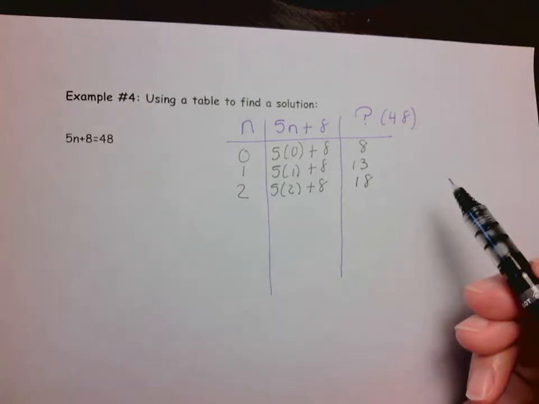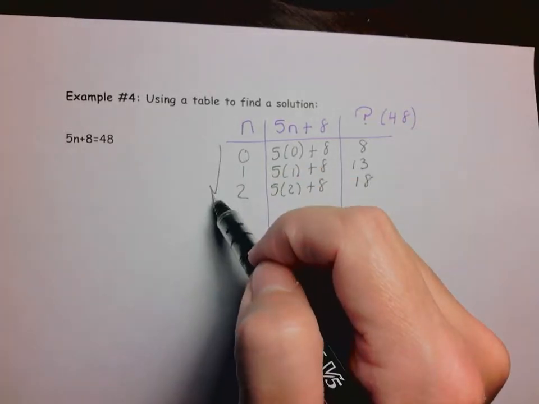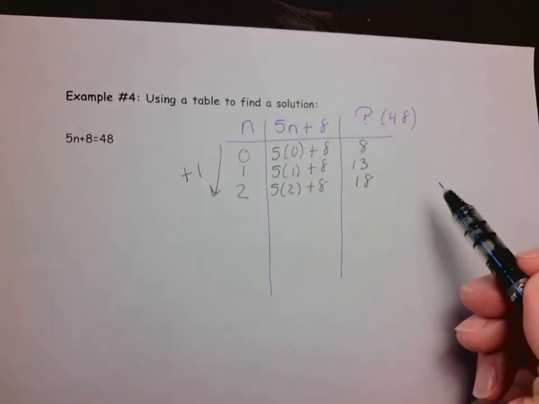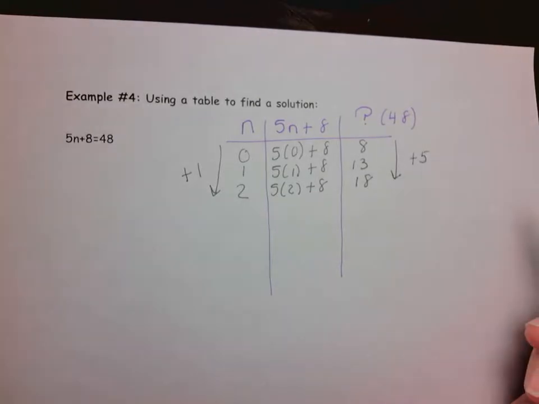Okay, well I can stop right there and I can say, I got a pattern. Every time n goes up by 1, my output is going to go up by 5.